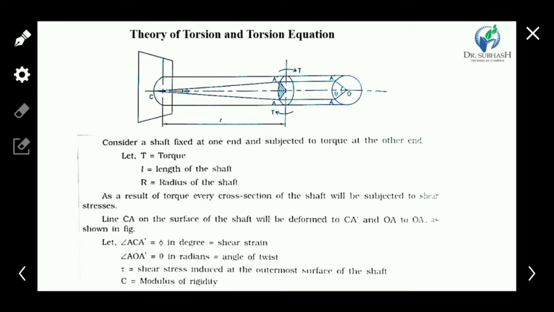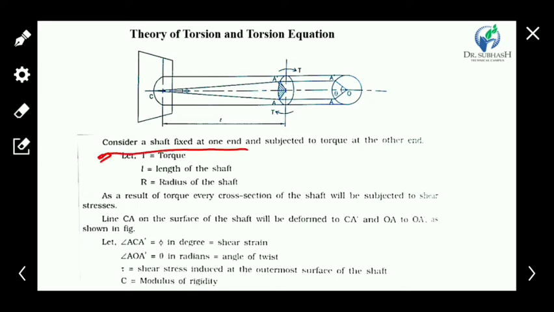Now we go for the torsion theory. One example is taken here. One end of the shaft is fixed at this plane and the other end is open, free. Given the twisting moment as shown in the figure, point A goes to point A dash, getting a new position after twisting.